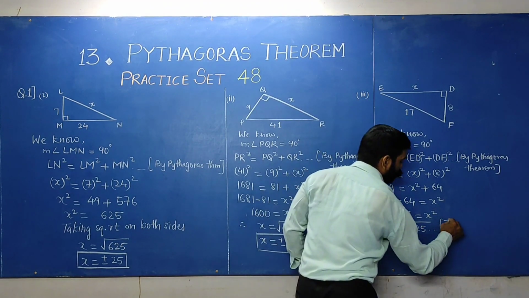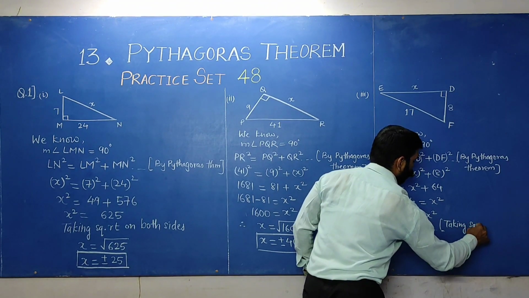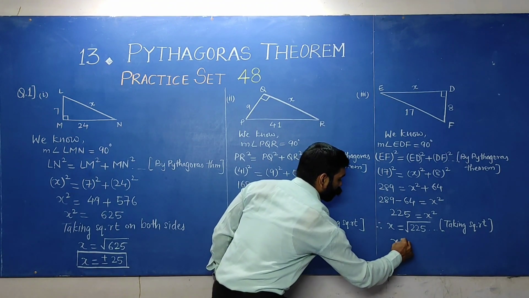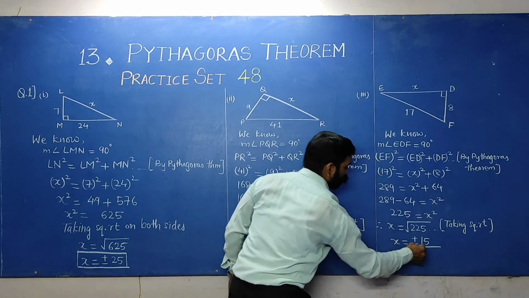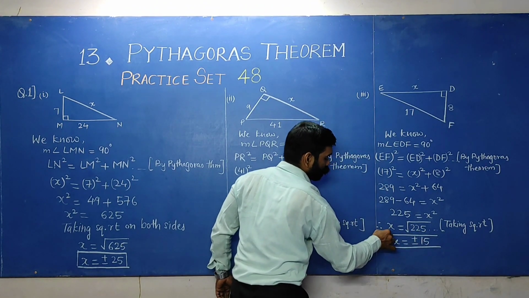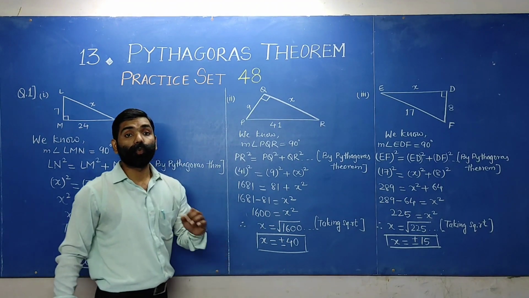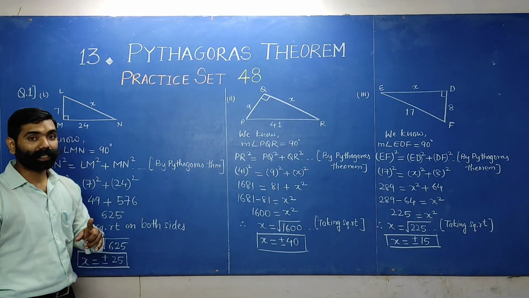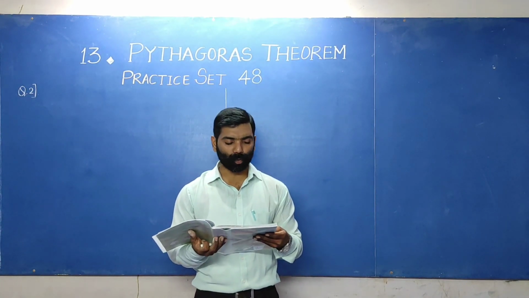Taking square root, we will get x is equal to plus minus 15. Okay students, this way we have completed 3 questions. We just need to understand where we have to do it. Take the screenshot.